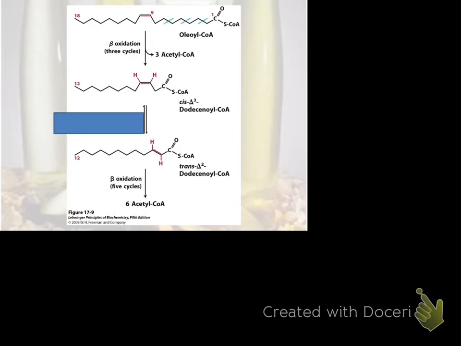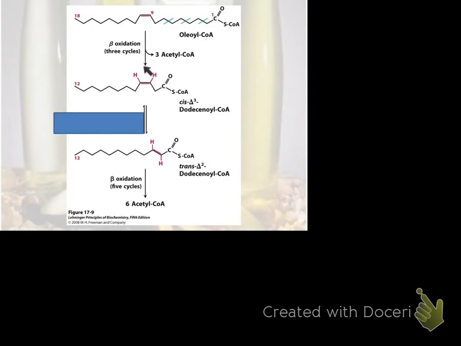So this is the example I was going to use. The oleoyl-CoA in the specific example would undergo 3 normal cycles of beta oxidation until it gets to where the cis bond starts 2 carbons away. And if you remember from organic chemistry, for the numbering of double bonds, it's always the lower number that gets set.